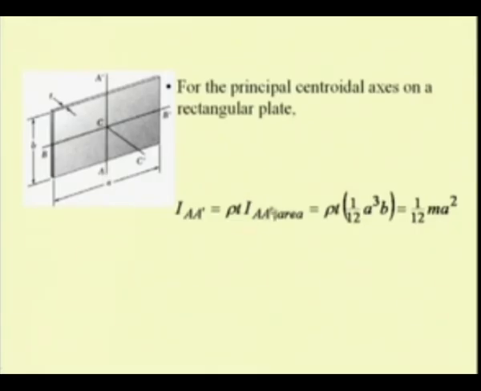And in our earlier discussion we have seen I prime for area as 1 by 12 A cube B. So, now the mass moment of inertia of this plate with respect to this axis A prime becomes 1 by 12 mass times A square.